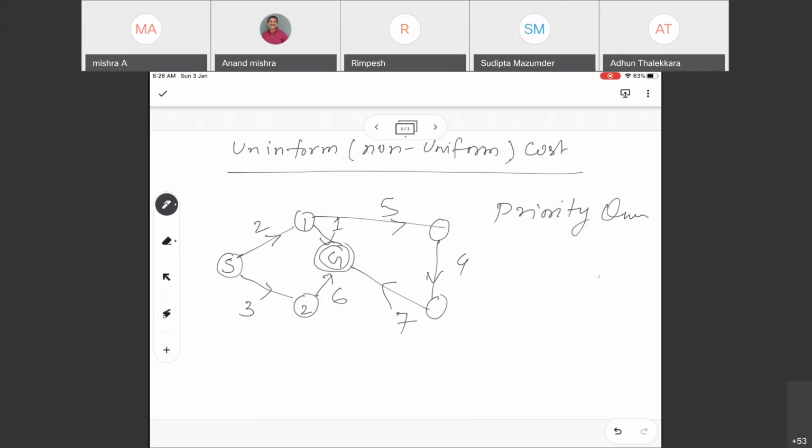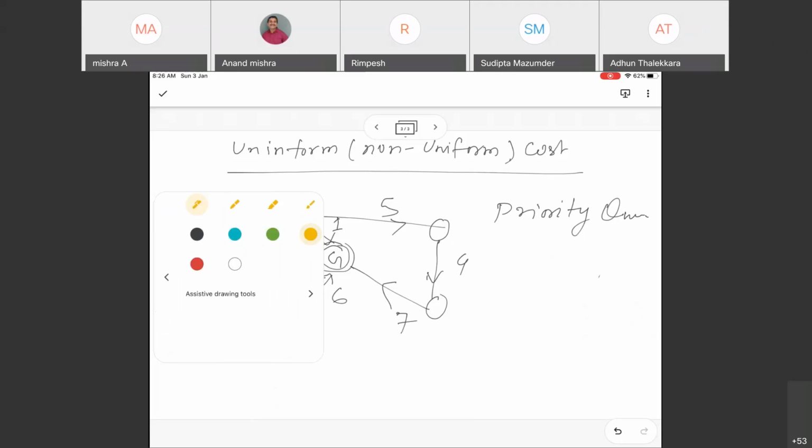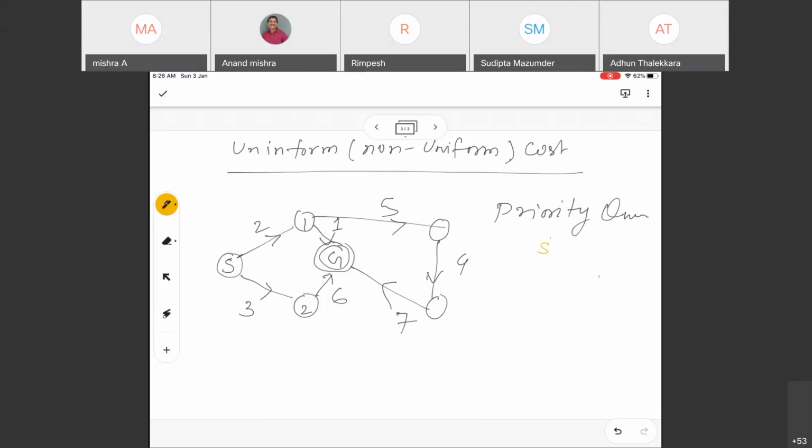What the priority queue does is, let's say you start at S, then you have two options to go. You can either go this way or this way. So I can expand that. So S, and I really have two options here. One option with 2, one option with 3. At 2, I again have two options.